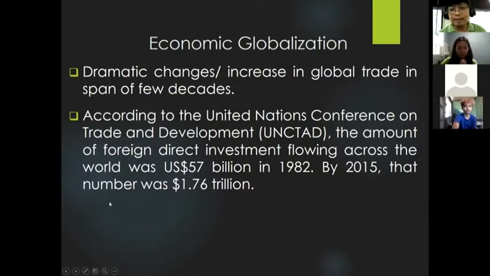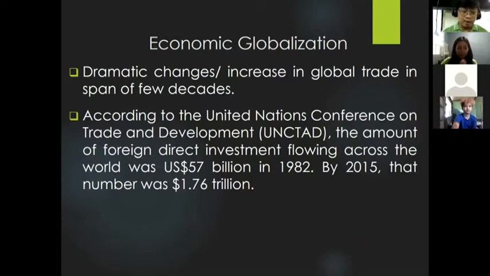According to the United Nations Conference on Trade and Development, or UNCTAD, the amount of foreign direct investment flowing across the world, dati noong 1982, ang size ng global economy is around 57 billion US dollars.